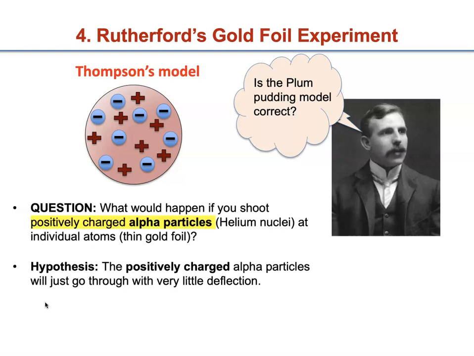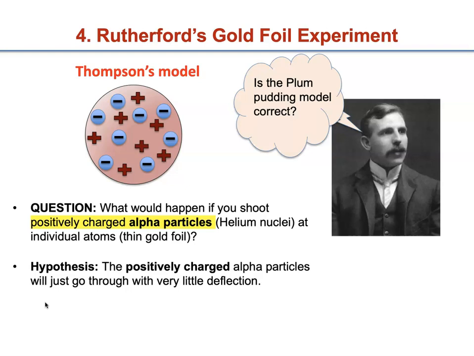nuclei. So he wanted to ask the question, what would happen if you shoot these alpha particles that are positive at individual atoms in a thin piece of metal foil, like gold foil?